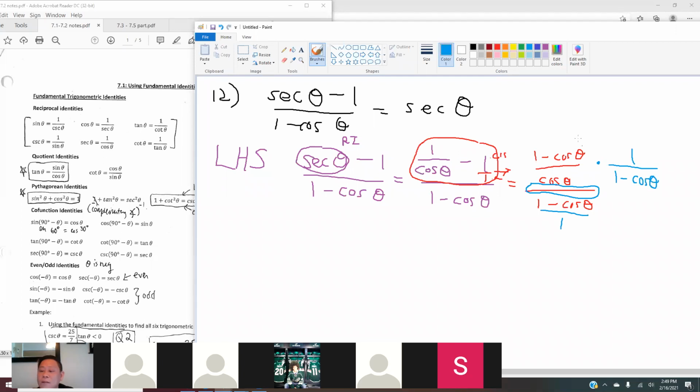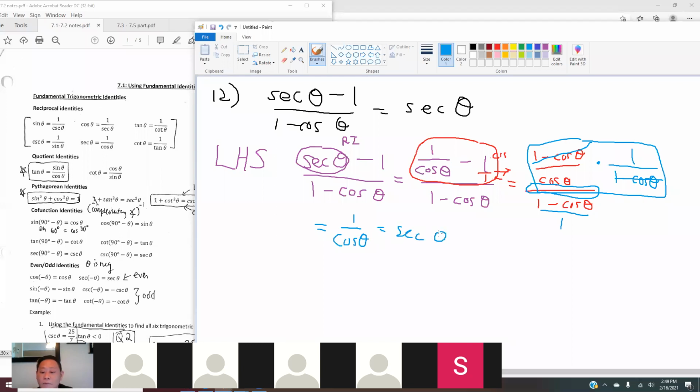What can you do with this when you multiply? Can we cancel something? 1 minus cosine. We can cancel those two. So what are you left with? 1 over cosine. And 1 over cosine theta is, using the reciprocal identity, secant theta, which is the same thing as your right hand side.